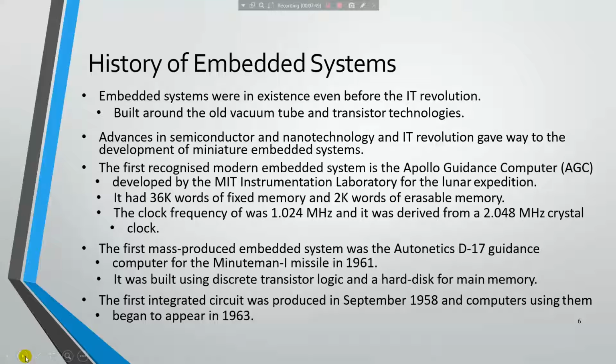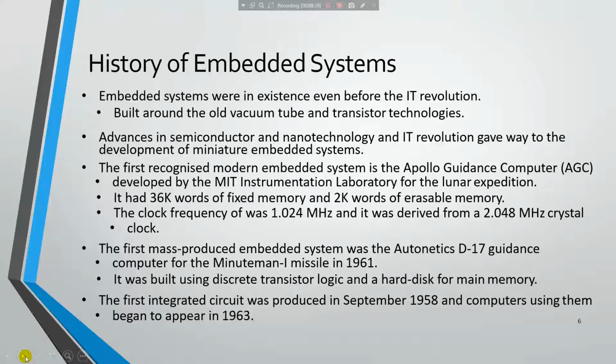Advances in semiconductor and nanotechnology and the IT revolution gave way to miniature embedded systems, and their size started reducing. Observe how cell phones looked 20-30 years back, and how they look right now, what we call a smartphone. That is the revolution of embedded systems in the semiconductor industry.